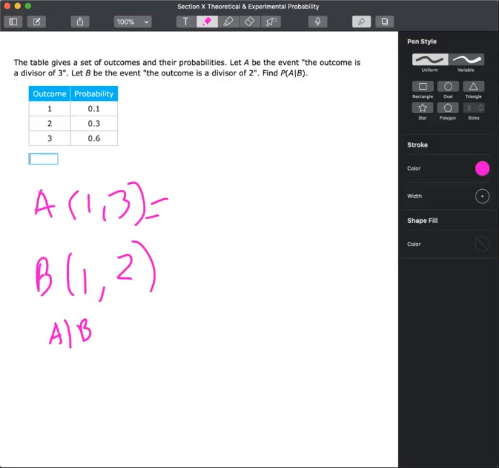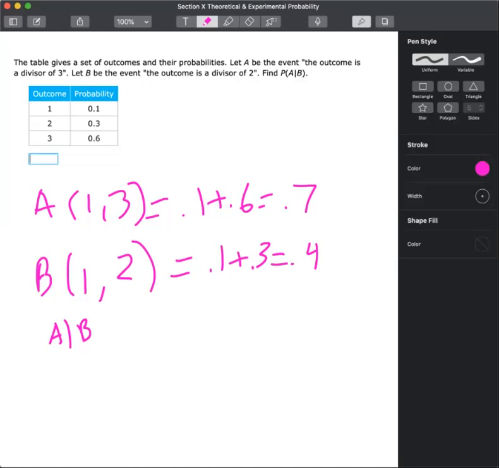All right, so for 1 and 3, we're looking at 0.1 and 0.6. So 0.1 plus 0.6 is 0.7. And then B is going to be 0.1 plus 0.3. That's going to give us 0.4. And the outcome of A and B, so they both have 1 in there.